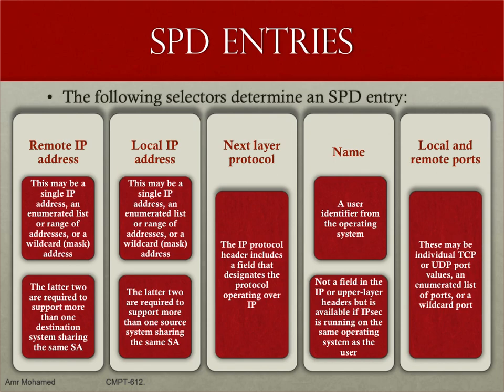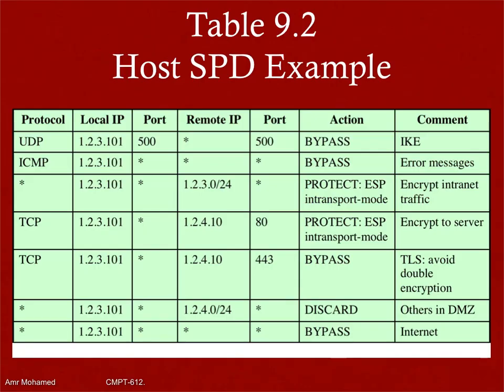Why would we want to, after creating the tunnel, incurring all the overhead and the complexity of creating that tunnel, bypass? We have a certain traffic that bypasses this. There are a number of examples that we will talk about, and this is actually highlighted here.